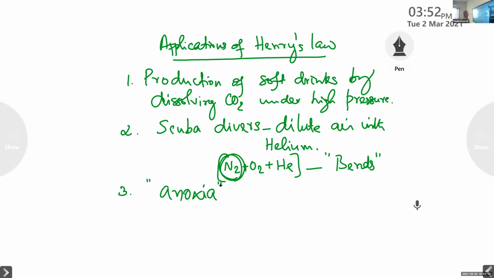The biochemical changes will be affected by the low level of oxygen. And so there is the loss of memory power and working capacity also. So the loss of memory power due to the low amount of oxygen is known as anoxia.